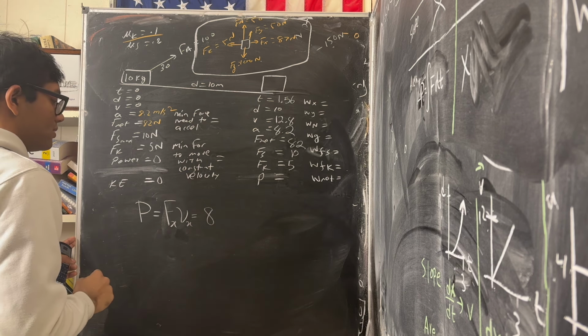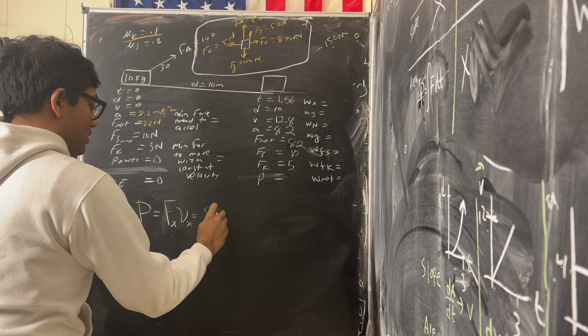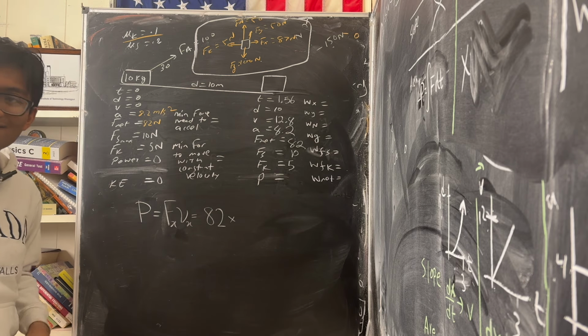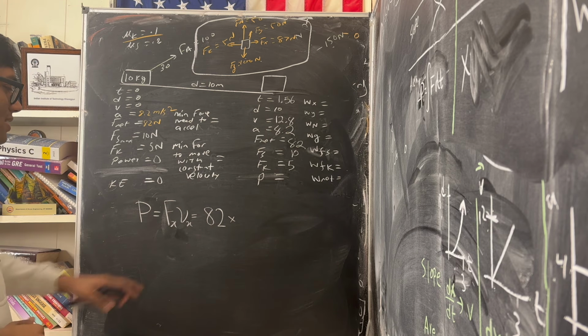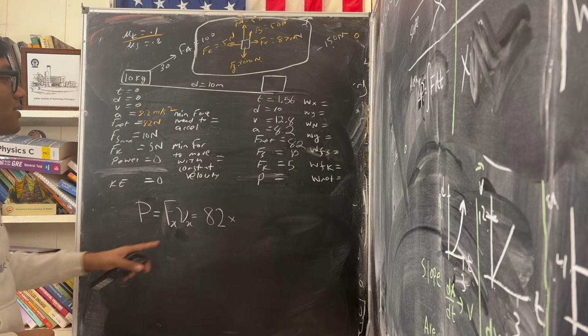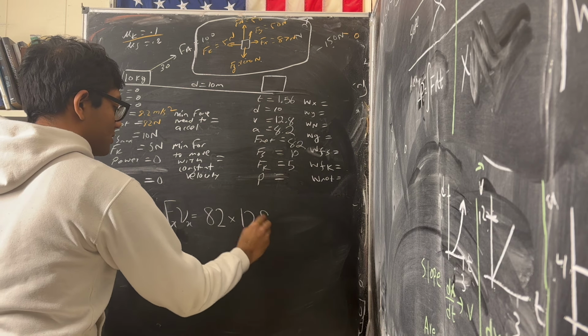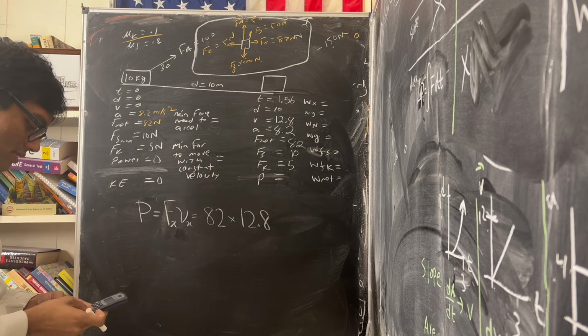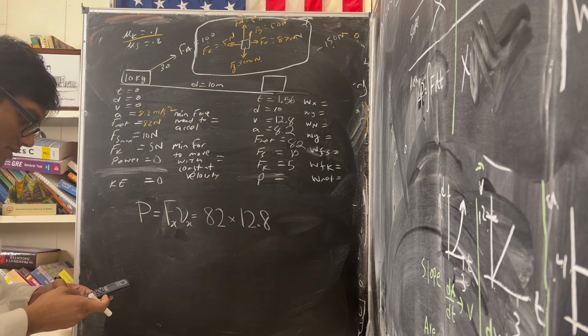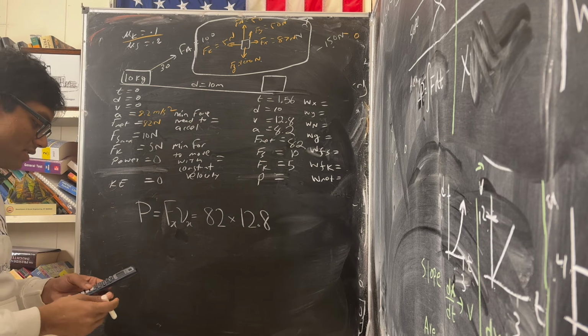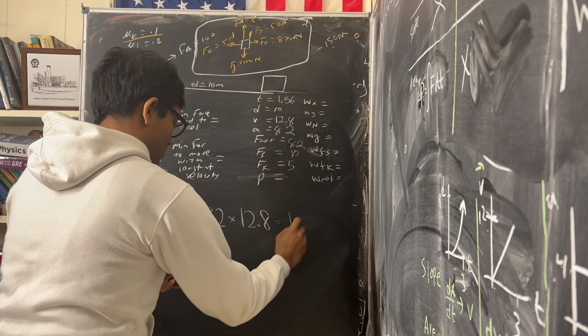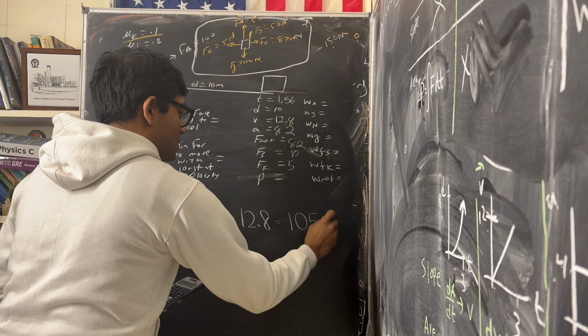You forgot the force. Oh, I see. That's right. Thank you. So this is 87 newtons, and the horizontal velocity is 12.8. So that is, let's see, 87 times 12.8, about 1050 watts.